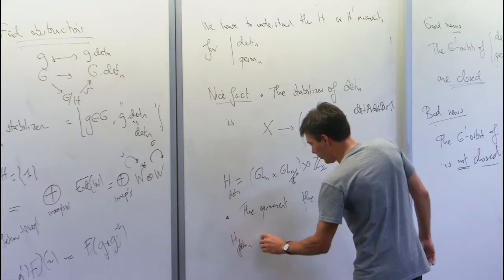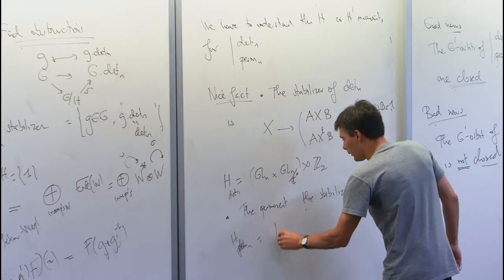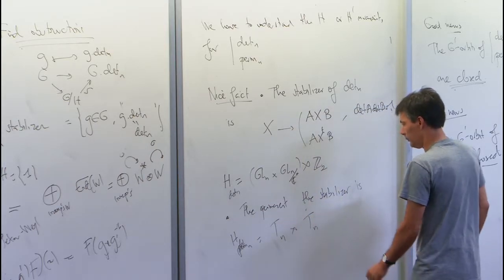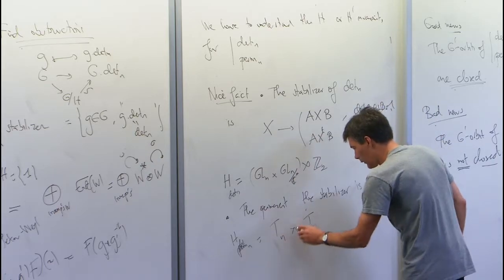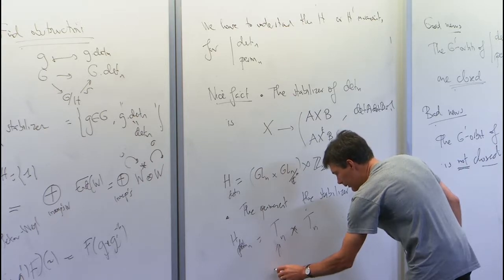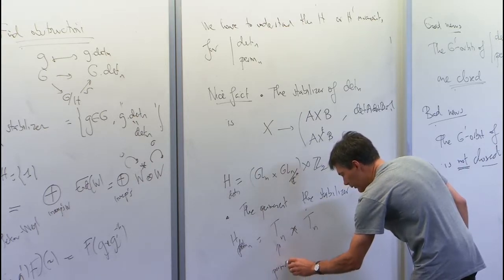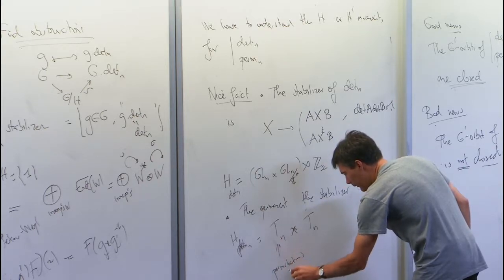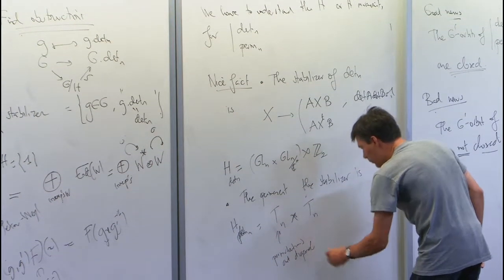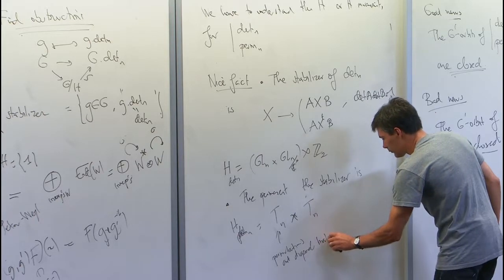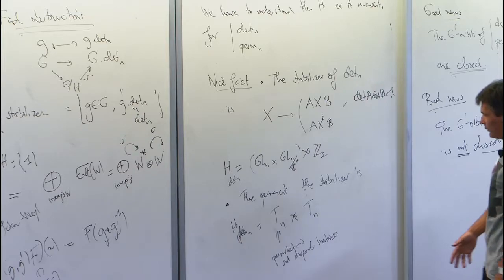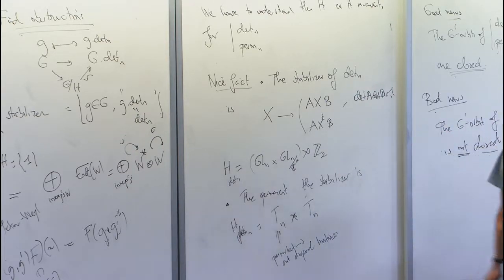So for the permanent, you get a product of two groups which are generated by permutations and diagonal matrices, so permutation matrices with some coefficients.